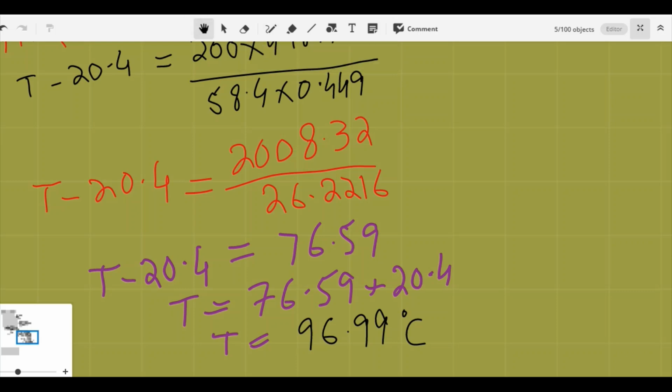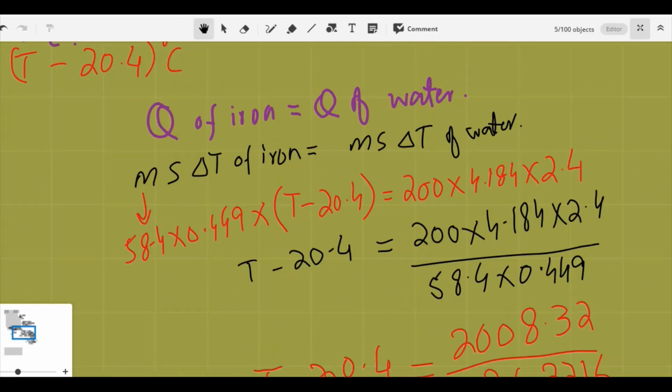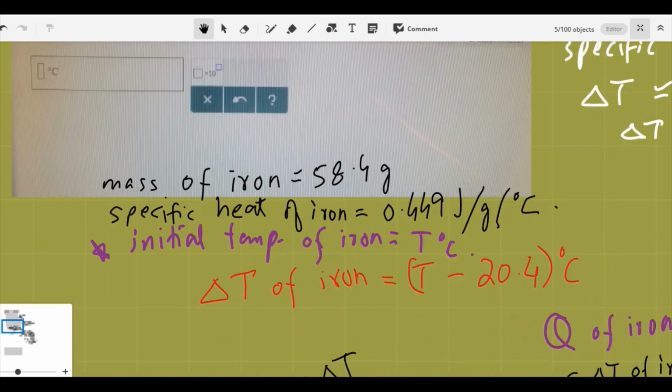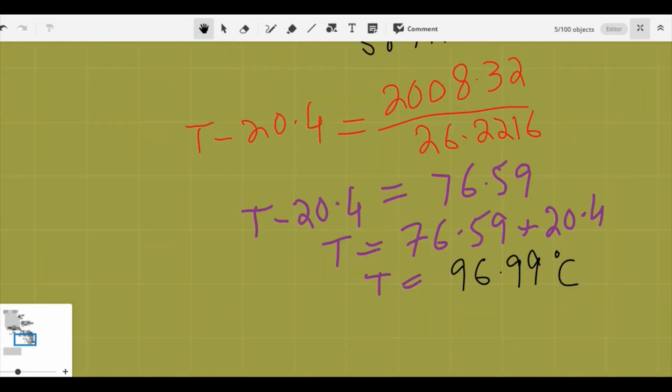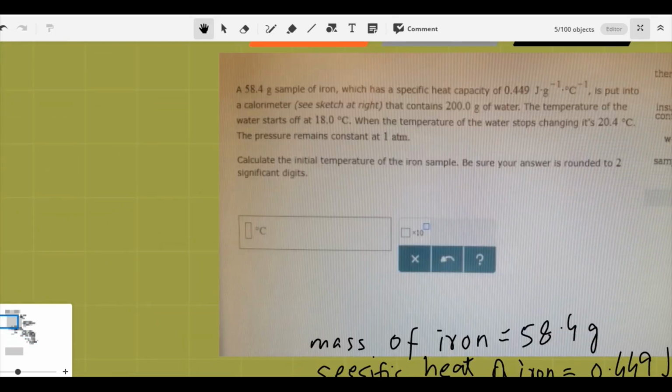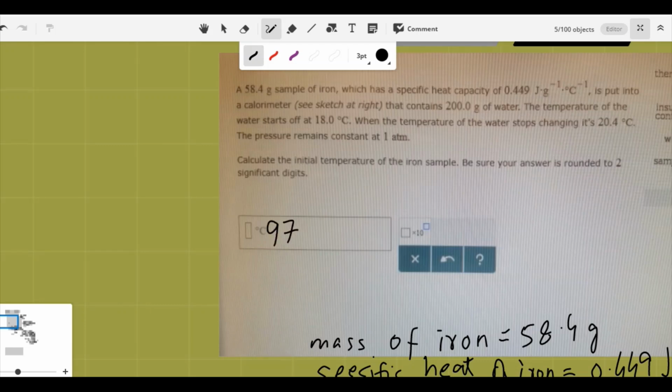Now you have to convert it into two significant figures, as mentioned. So 96.99 you can write as 97, and since a power is also mentioned, it means scientific notation, so you have to convert it to 9.7 times 10 to the power 1.